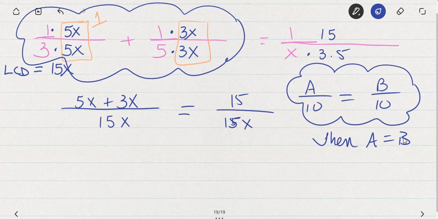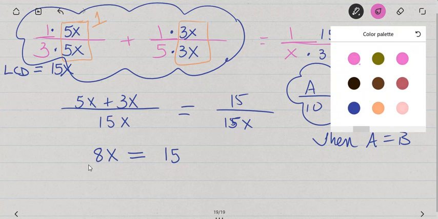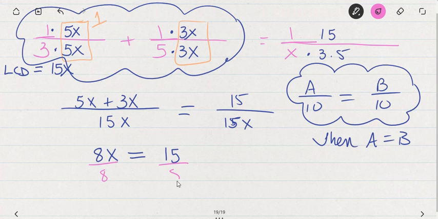So to solve our problem, our next step is to take those numerators, 5x plus 3x, which is 8x, and 15 is the numerator of the other fraction, and we state that those two are equal. 8x equals 15. Now it's simply a basic linear equation, so I can solve for x by dividing by 8, and I get that x equals 15/8.